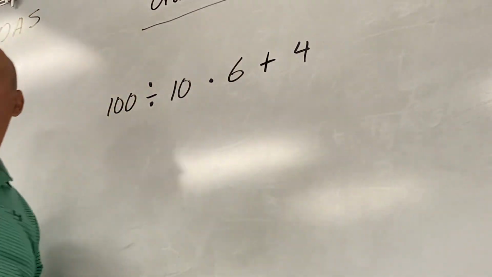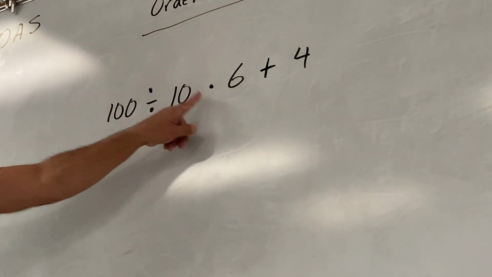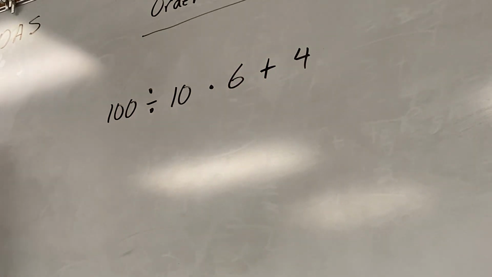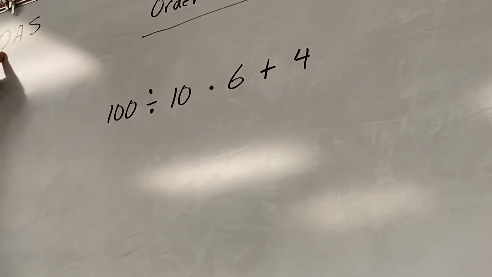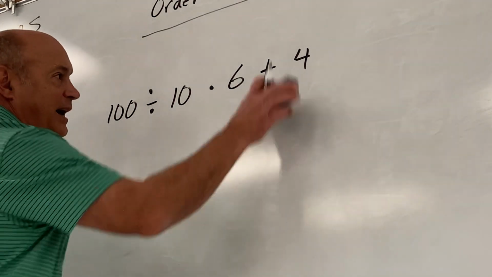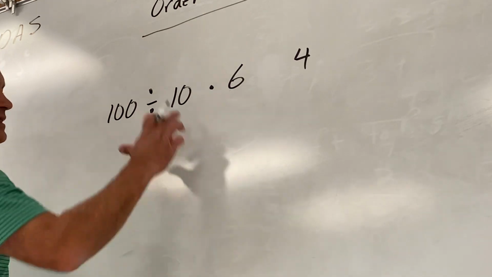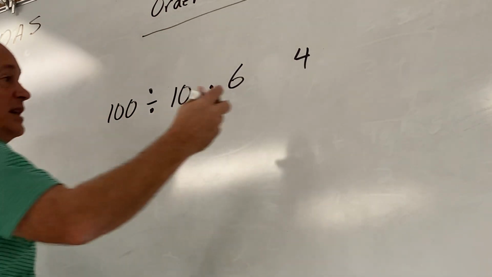And that messed it up. Because when I've got more than multiplying and dividing, we have to work PEMDAS exactly. So I technically would have had to do multiplication first, then dividing, then the addition. Are you with me? But that's why I had to change it, because 10 times 6 would have been 60, and 100 divided by 60 would have given us a decimal.